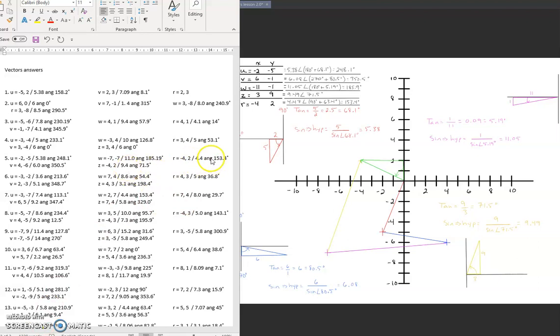Sorry, I got these two mixed up. -4, positive 2, right here, and a magnitude of 153.4. So that's how this answer key is made. And that's it for now.